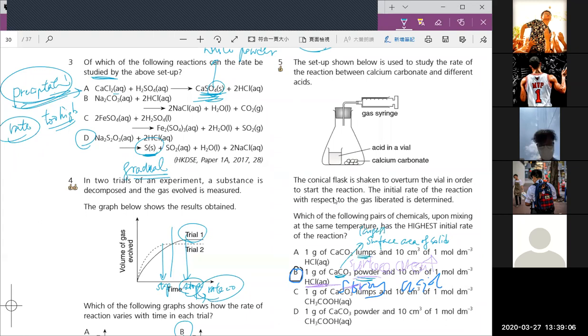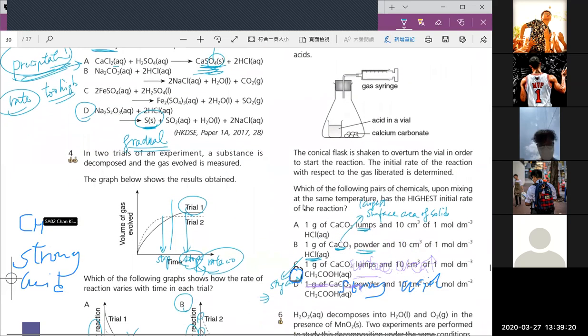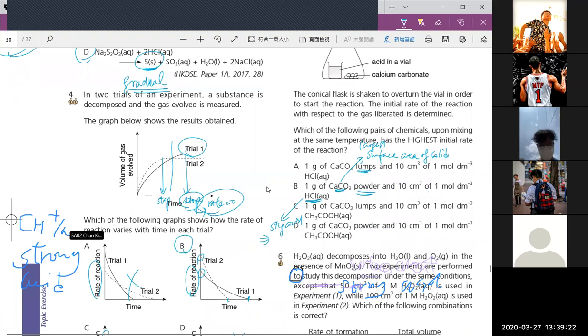Okay, second is about the acid. Now, for the same molarity of acid, this one HCl, it is a strong acid. So what is meant by strong acid? It would affect what? So what items are we going to consider? The concentration of what? Of acid? No, they are the same.